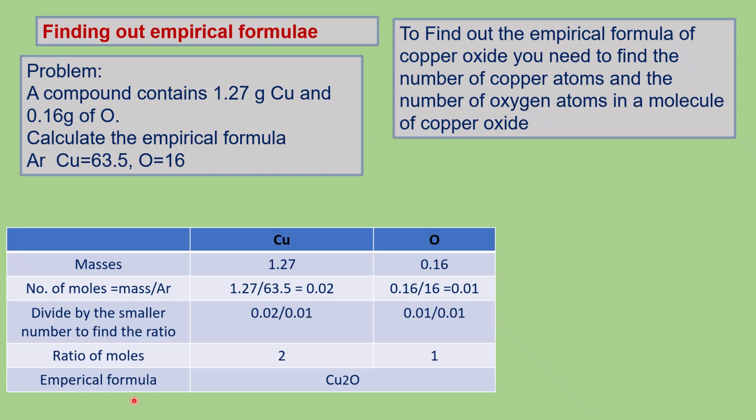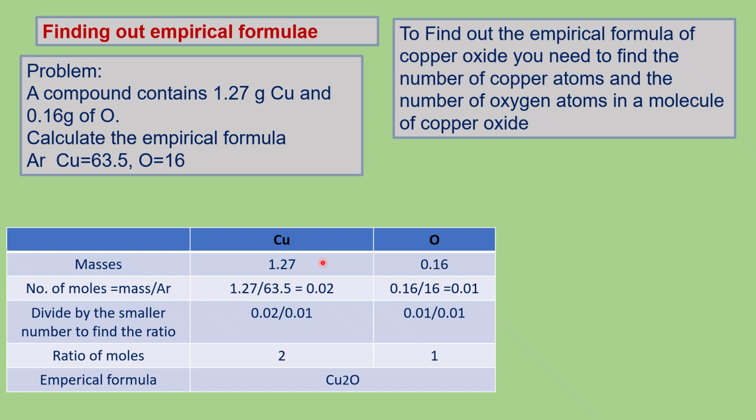You are going to make a table. In the table there are 2 columns, one for copper and one for oxygen. Write the masses given to you in the example, 1.27 for copper and 0.16 for oxygen. We have to find the number of moles. The number of moles equals the mass divided by the relative atomic mass.